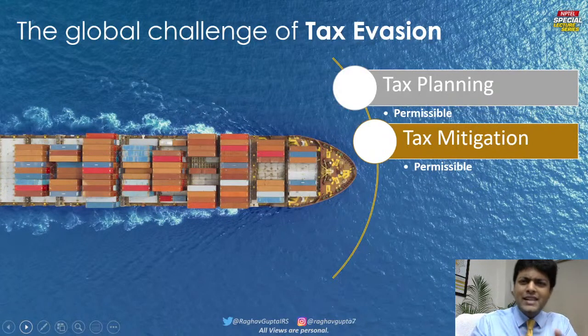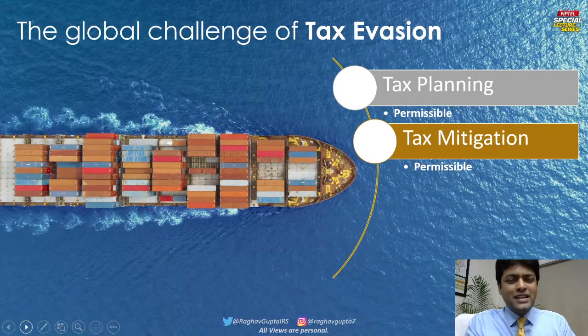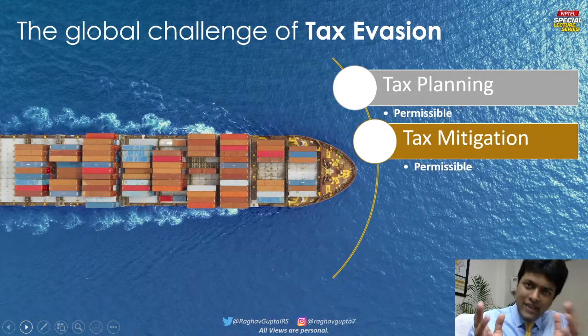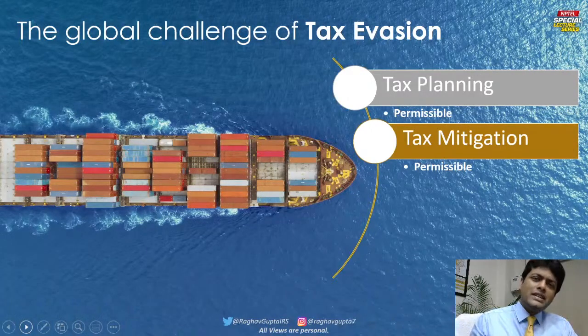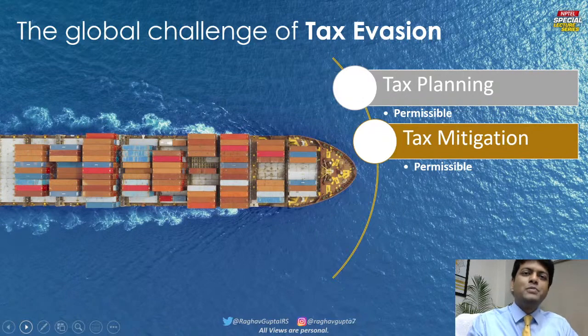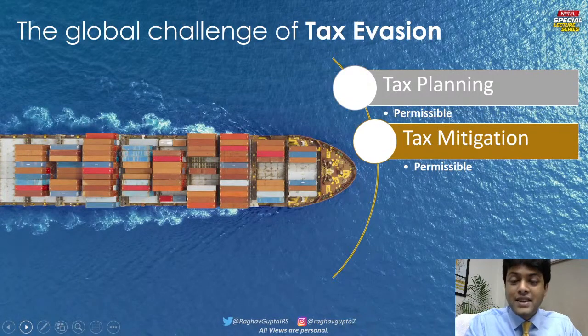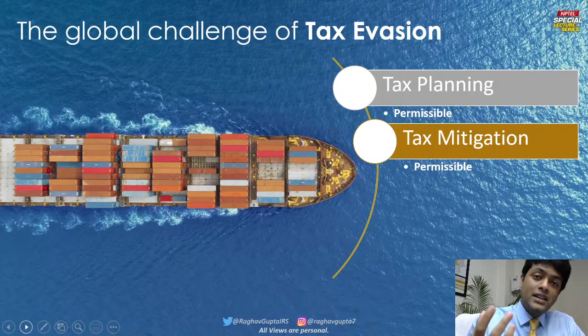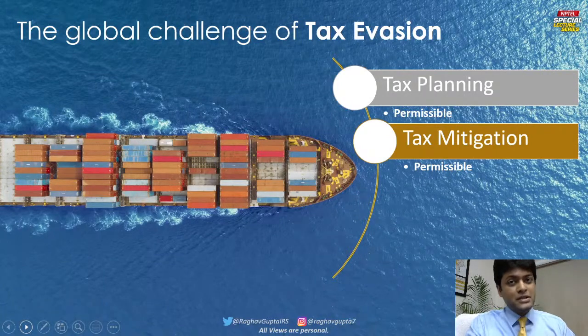There's a very thin line of difference between tax planning and mitigation. One might even say that semantically speaking, they are identical. And in fact, this is also permissible by law. The only tangible difference which I could probably point out is that this is at a larger scale. So probably for corporates, bigger organizations, bigger entities, which means that they could be adopting, again, deductions which are permissible by law.